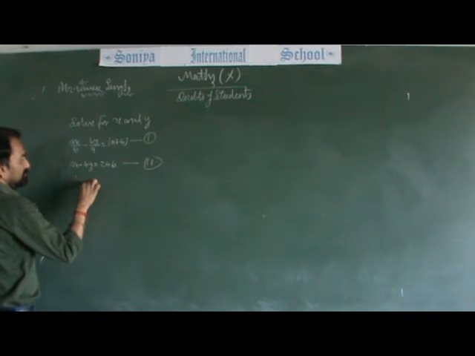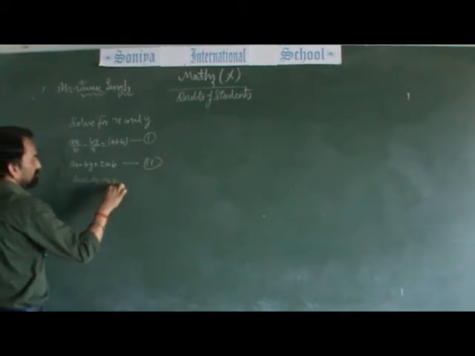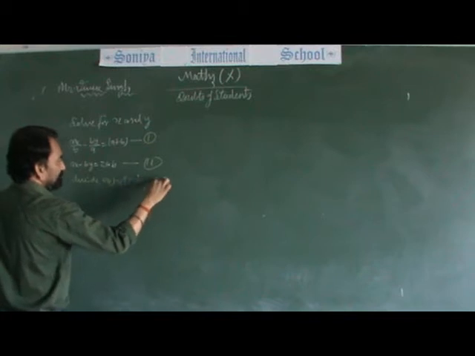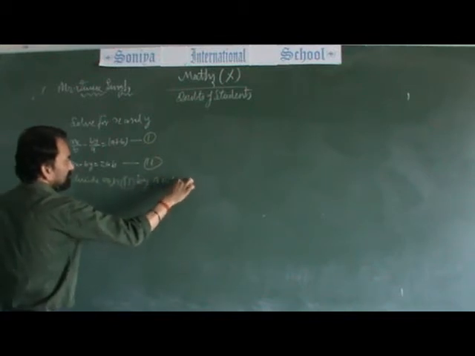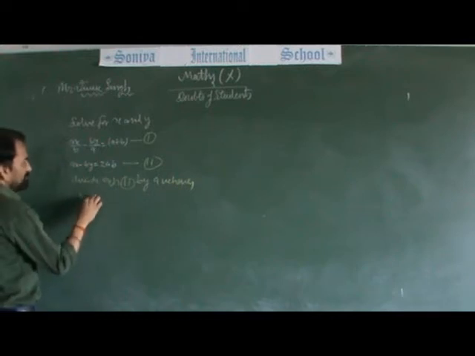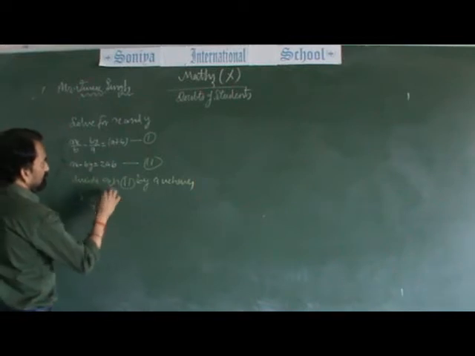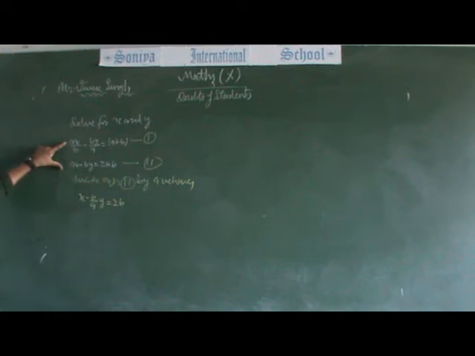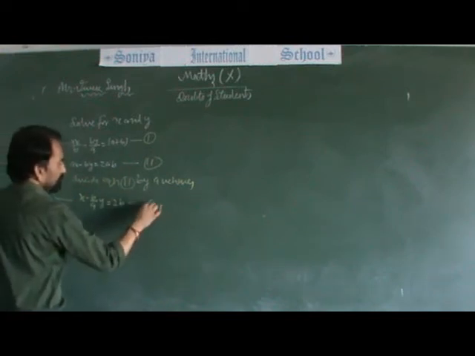Divide equation 2 by a. We have a upon a 1, so x minus b upon a y equals 2b.